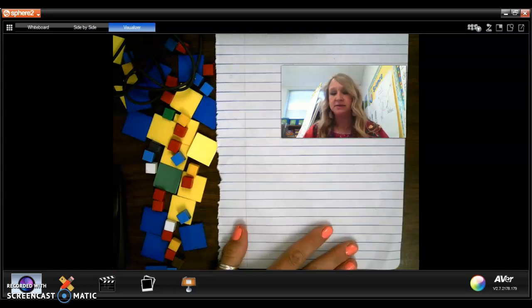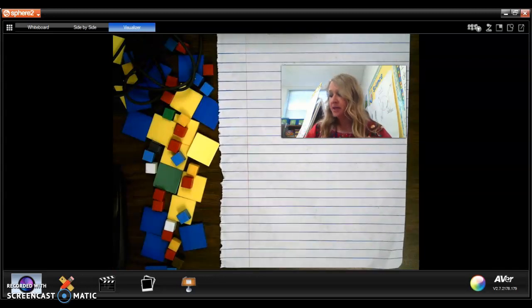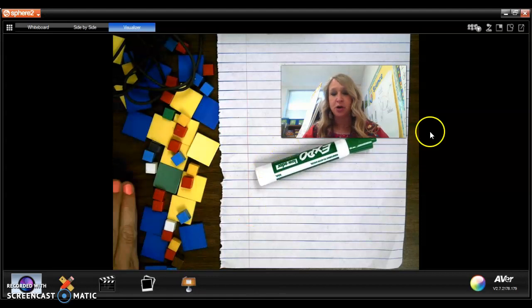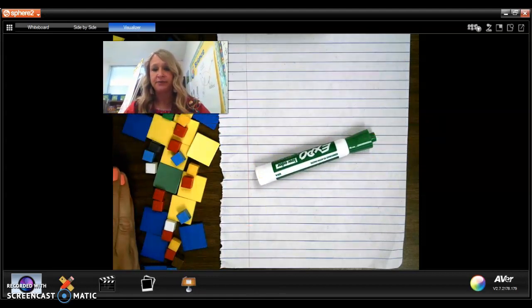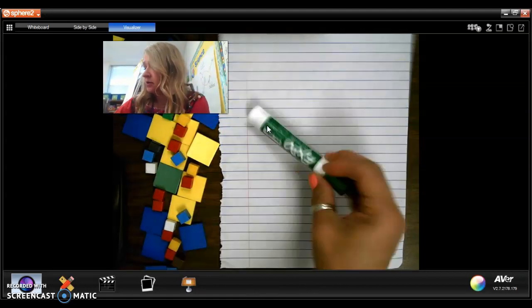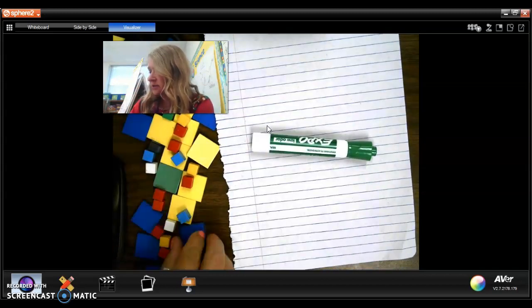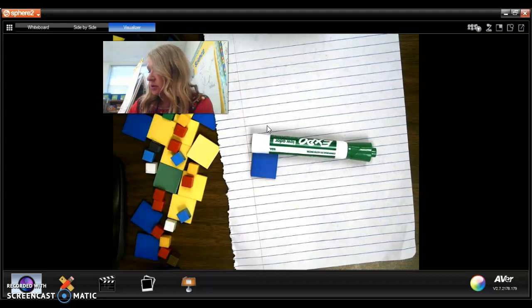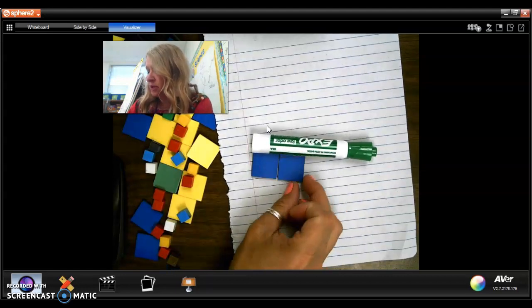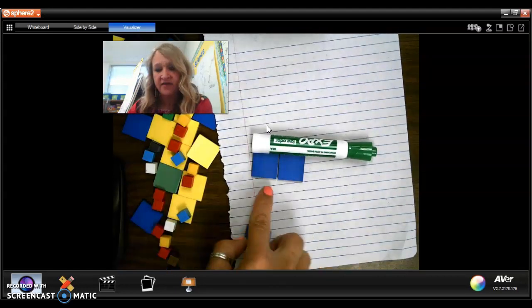So here is my paper that I measured yesterday. And here is my expo marker that I'm going to measure today. Now, let's use the tiles first. So I'm going to use my square tiles to measure my expo marker. Look, I have a gap right there. You see that?